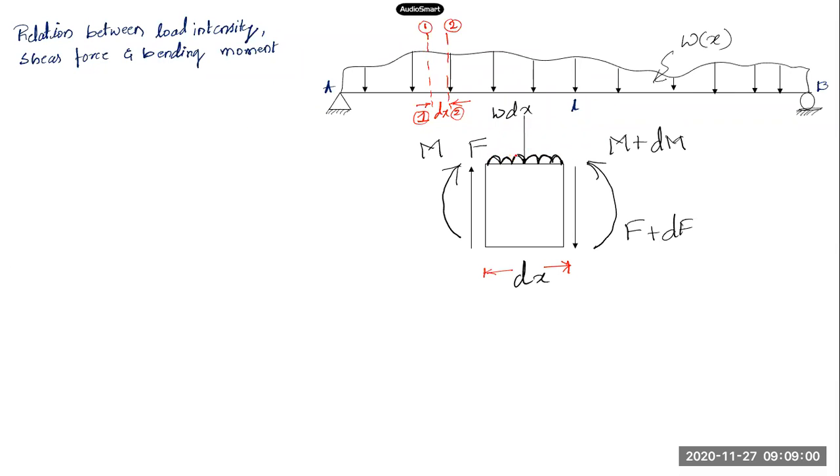I'll assume it to be a uniformly distributed load, and its intensity will be W. To know the total load, I multiply the load intensity W by the length dx, so the total resultant load is W into dx. This is the load applied on this section.